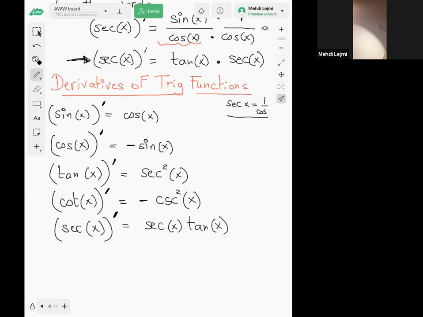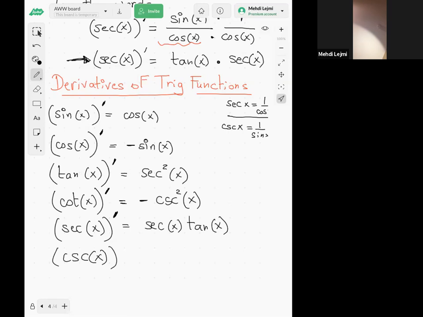And the last formula, guys, similar to the derivative of secant, is the derivative of cosecant. Cosecant of x is 1 over sine of x.